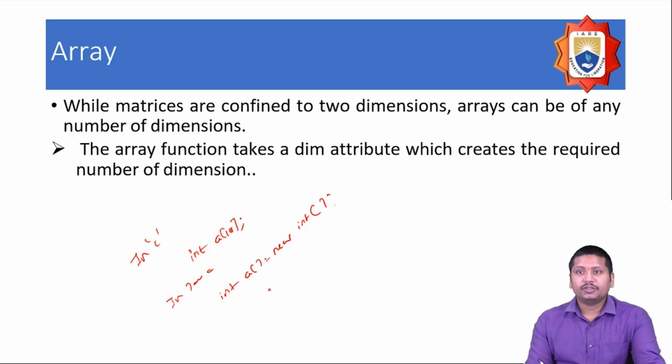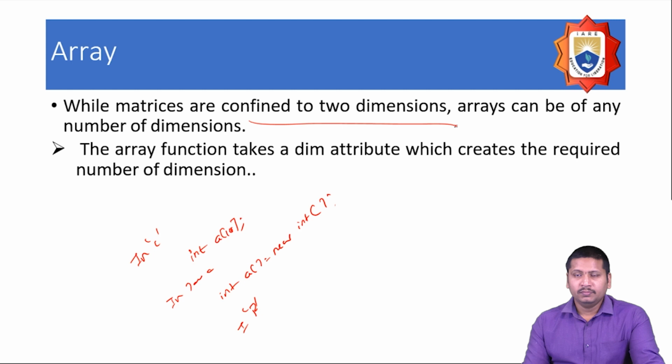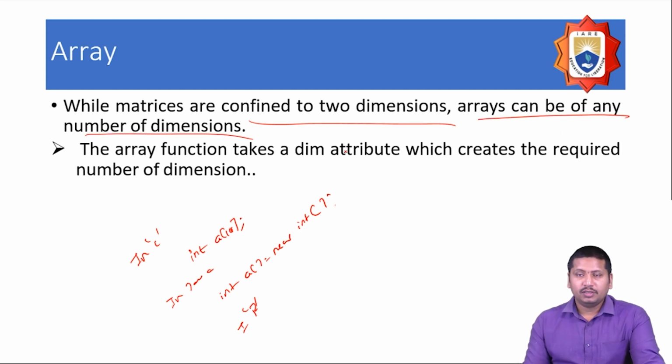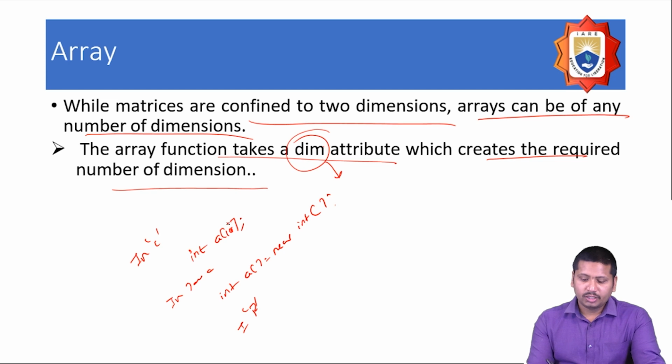This is the declaration of an array. Similarly, arrays can also be used in R. Here you can define the dimensions. Arrays can be of any number of dimensions, and the array function takes the dim attribute, which creates the required number of dimensions. So based on the dim attribute you can create them. Normally in C programming this would be the dimension.